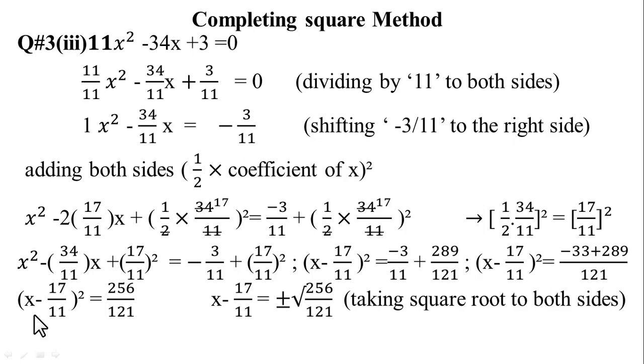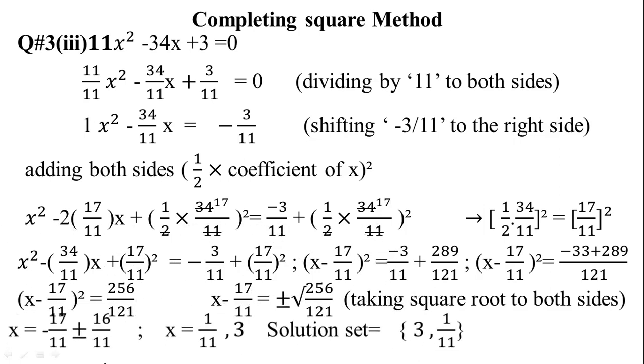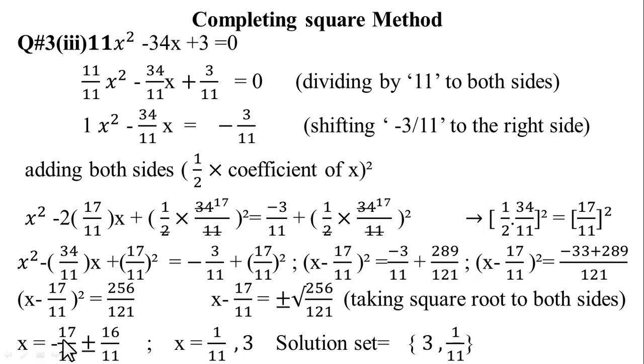Taking square root on both sides, then x minus 17 by 11 whole square root and square cancel out by each other. This implies that x minus 17 upon 11 is equal to plus minus the square root of 256 upon 121, by taking square root of both sides. Now the answer of required equation is x is equal to 17 by 11 plus minus 16 upon 11.